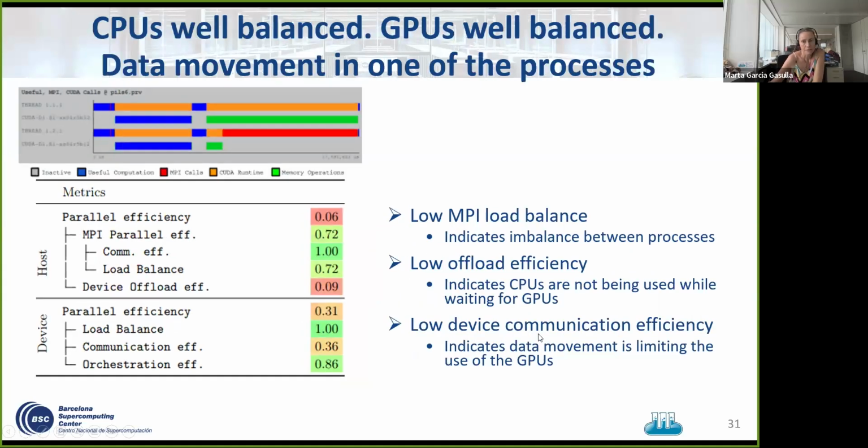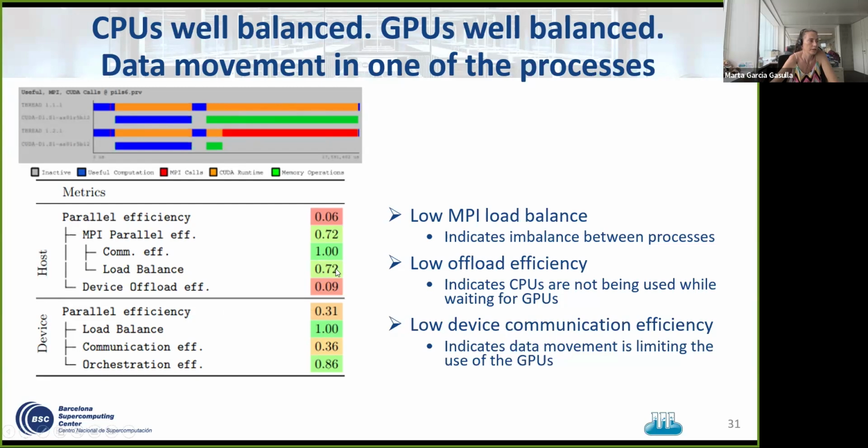And in the last case, we have added in green the data movements in the GPU. All this time there's data being moved between the CPU and the GPU, and the metrics look like this. We still see some load imbalance at the MPI level. This is because MPI process one has more work to do, in the sense that it has more data to send.